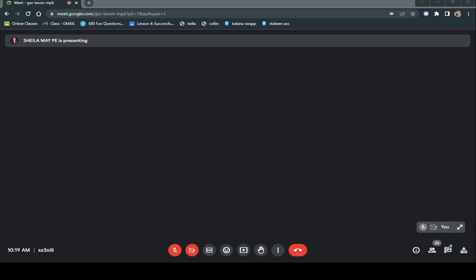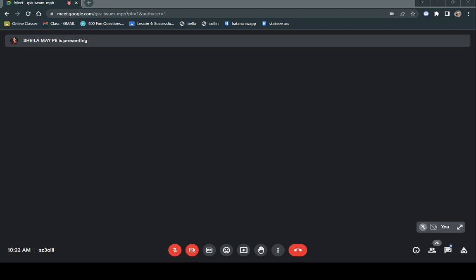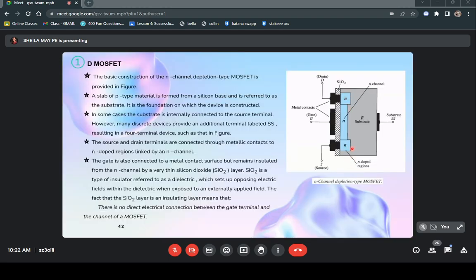You put an N-type material, diffused into our P material, which is the substrate. And in here, class, this one here is the channel, the N channel. These two regions here are the drain, and this one here is the source. And the channel connecting them is the N channel.